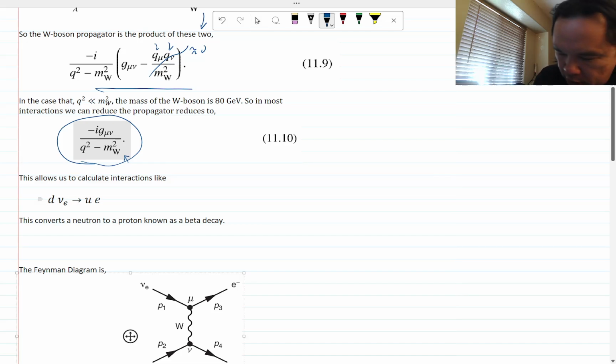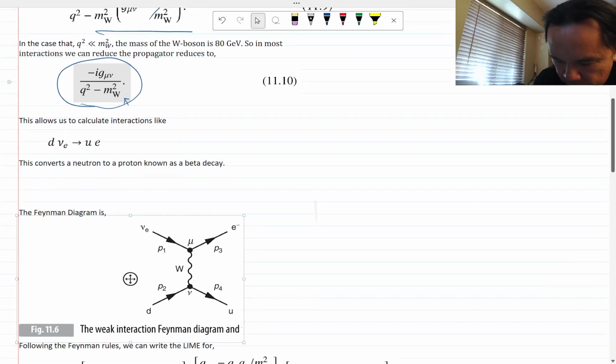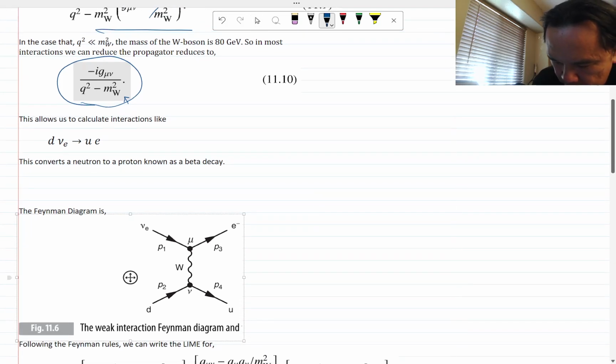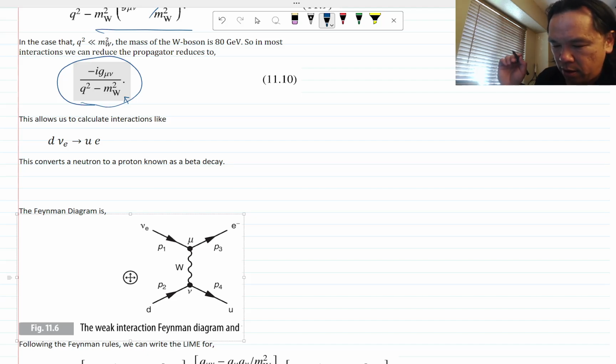a d quark. Let me just draw this little drawing. A d quark, right. There's a Feynman diagram right here. I need to draw it. A d quark changing into an up quark through interacting, let's say, with an electron neutrino and an electron this way. This is actually how a neutron decays into the proton.